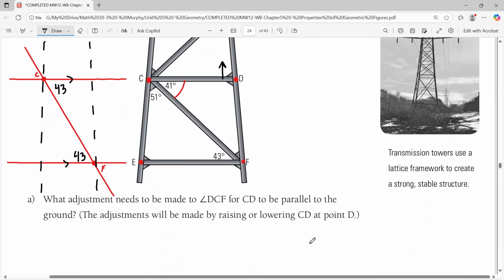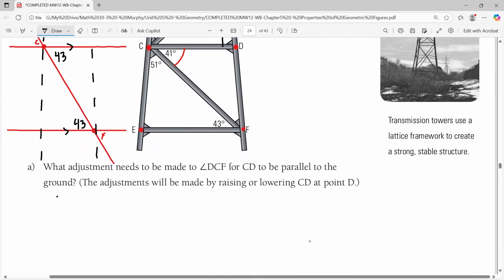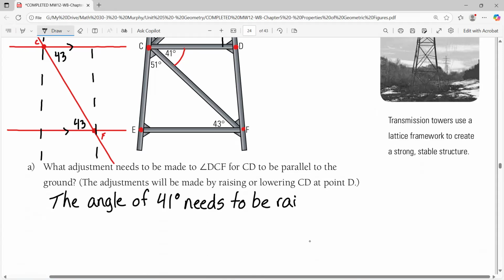Okay, so in words, the angle of 41 degrees needs to be raised to an angle of 43 degrees.